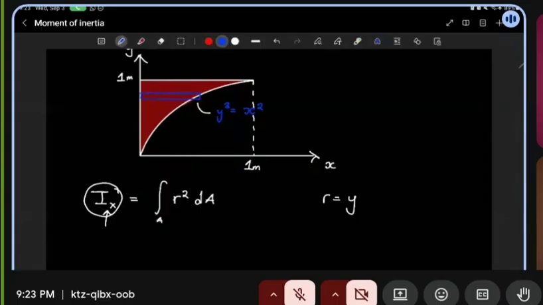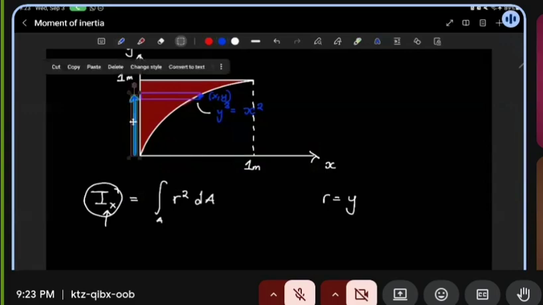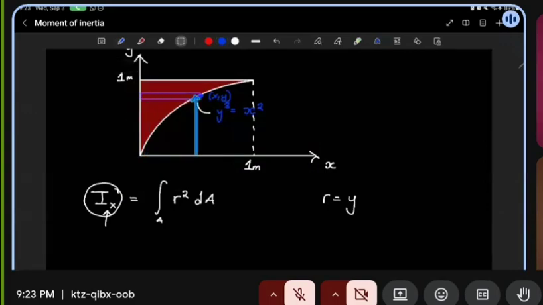So for a horizontal section, observe that if you picked a point right along the curve, and say this point will have coordinates x, y, all points along that section are an equal distance from the x-axis, assuming it is a very thin section.